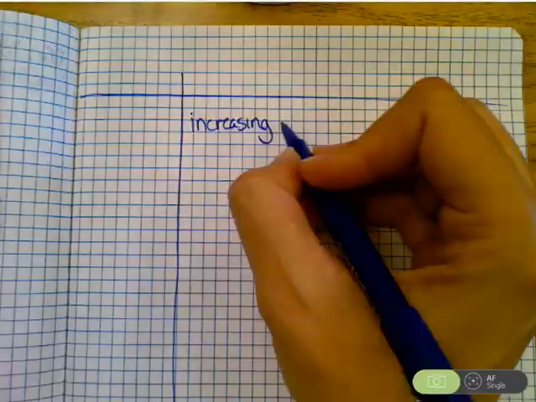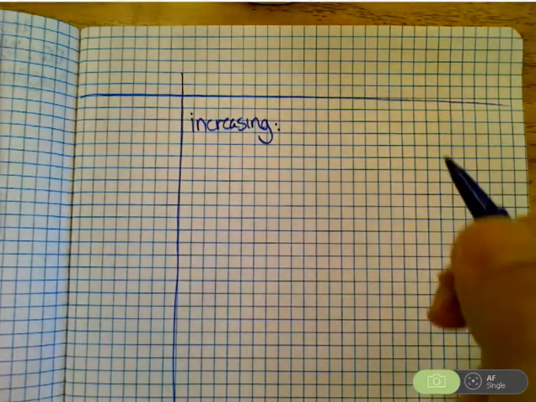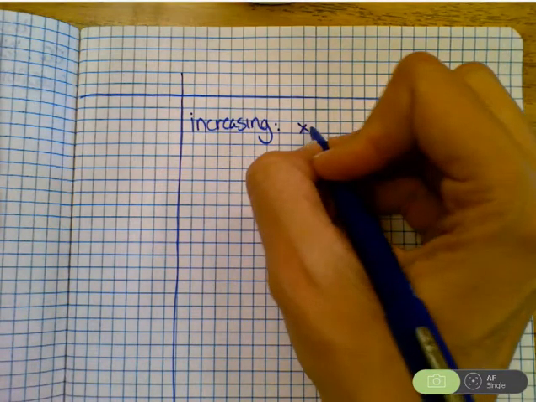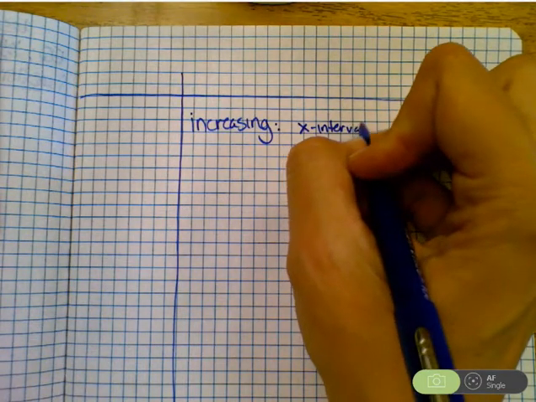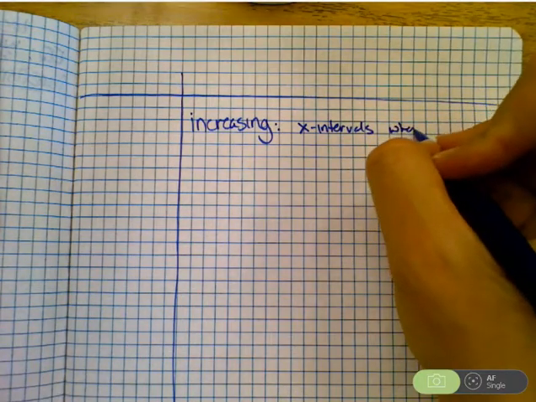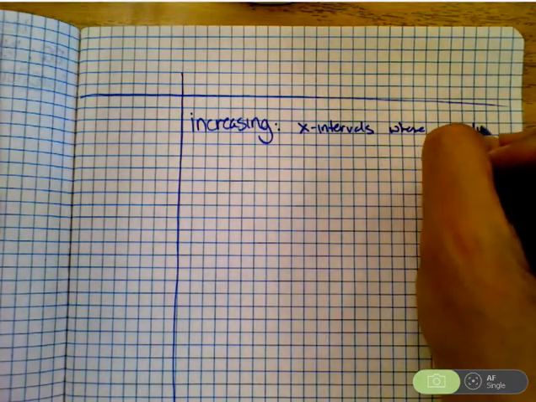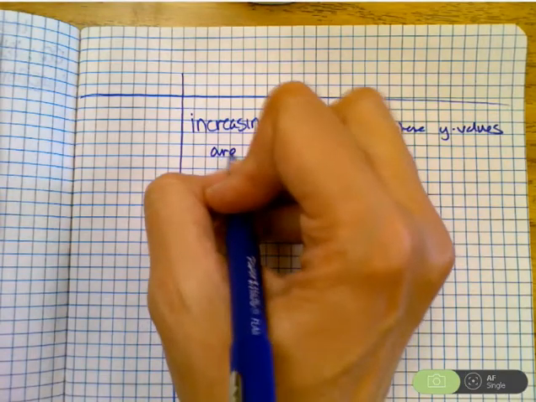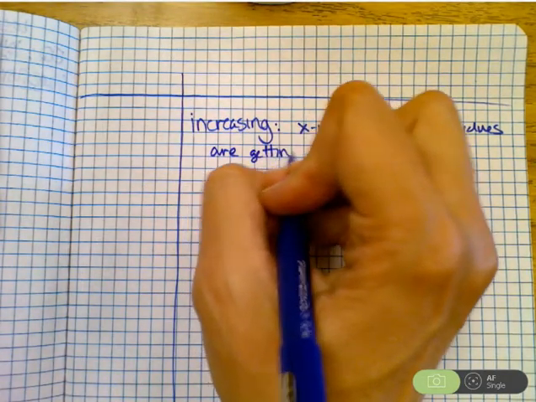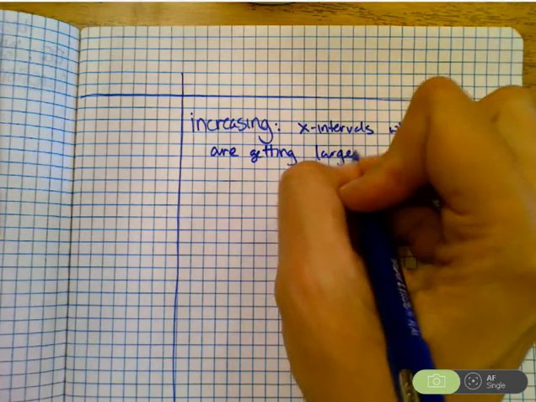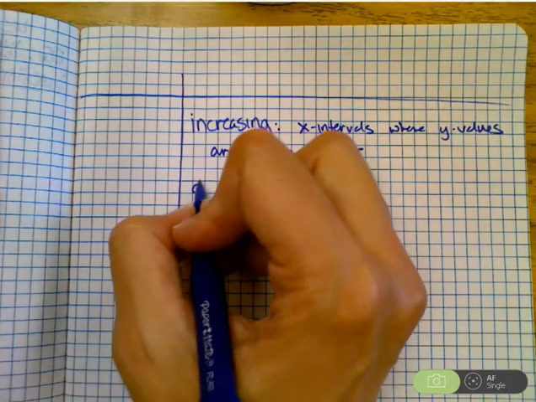So increasing intervals are the x intervals where the y values are getting larger. And we always go from left to right for these.